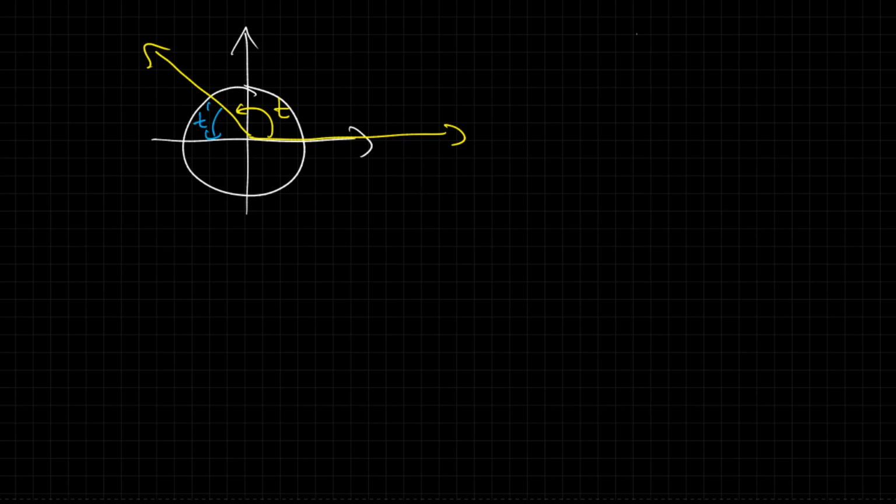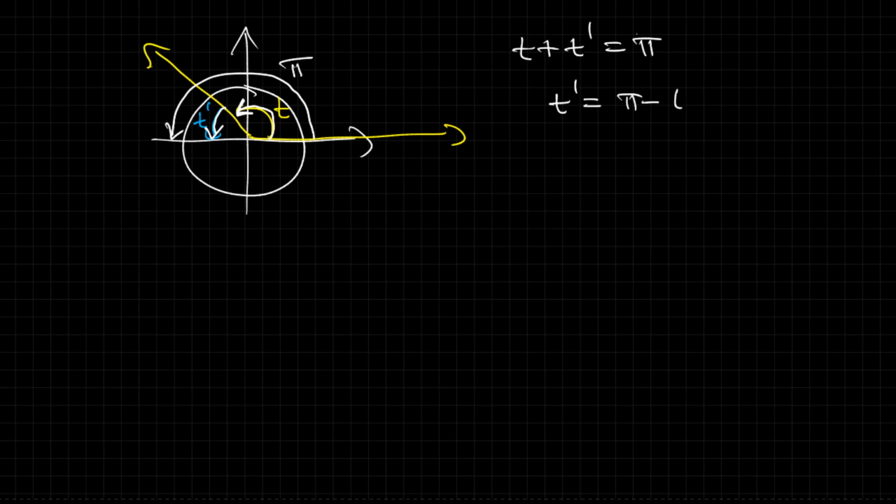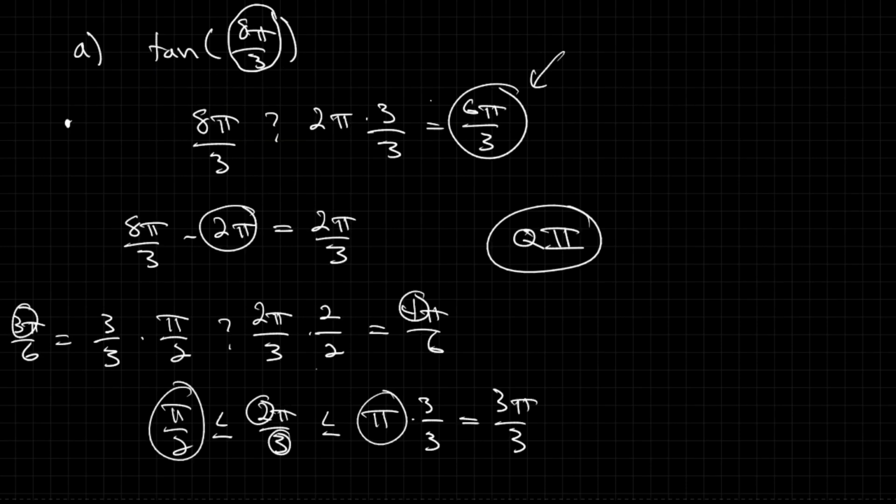Now in my picture, I see if I go around by t and then a bit further by t prime, then I get to doing a total of an angle of pi. Pi is halfway around the circle. And so t plus t prime would have to be pi. And so I know that my reference angle, t prime, is pi minus t. And in this case, remember, you use the t that's between 0 and 2 pi.